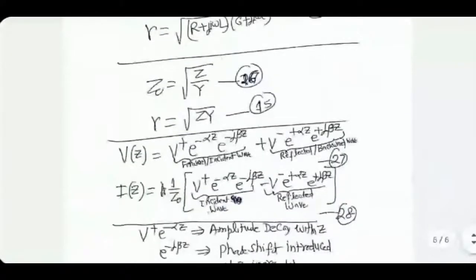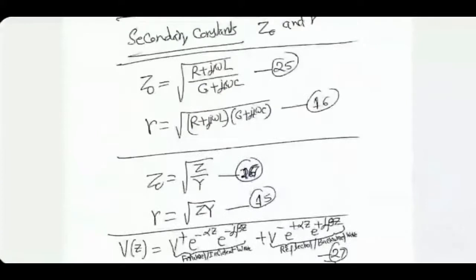And you know that Z is R plus j omega L, Y is G plus j omega C. Both Z and Y are per unit length parameters. So length cancels out once you divide Z by Y, and Z naught turns out to have the unit ohm. Gamma, on the other hand, turns out to have a unit per unit length.